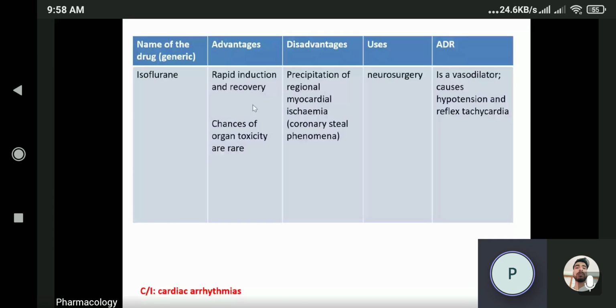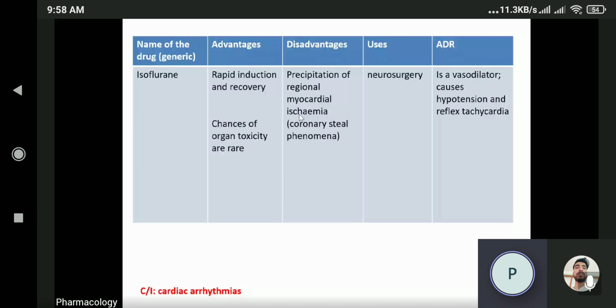But rather than isoflurane, nitrous oxide is mainly used as a carrier gas for the other drugs which have slower onset of induction and recovery, like that of halothane. Now, they also cause the precipitation of regional myocardial ischemia, which is known as coronary steal phenomenon.